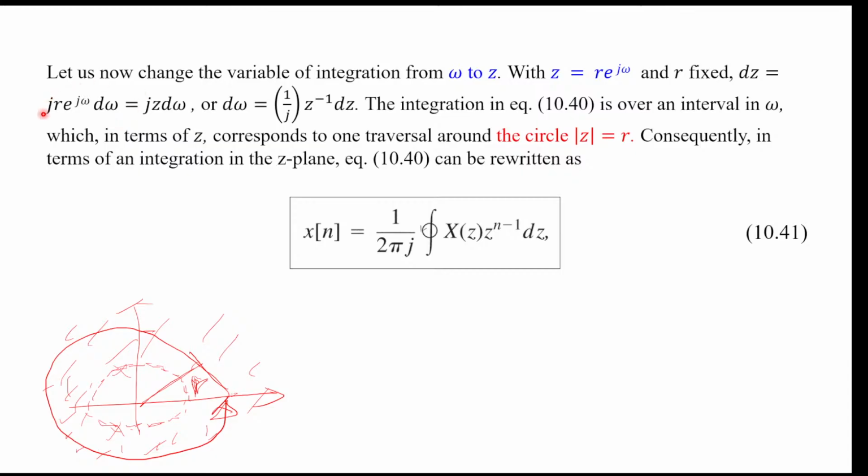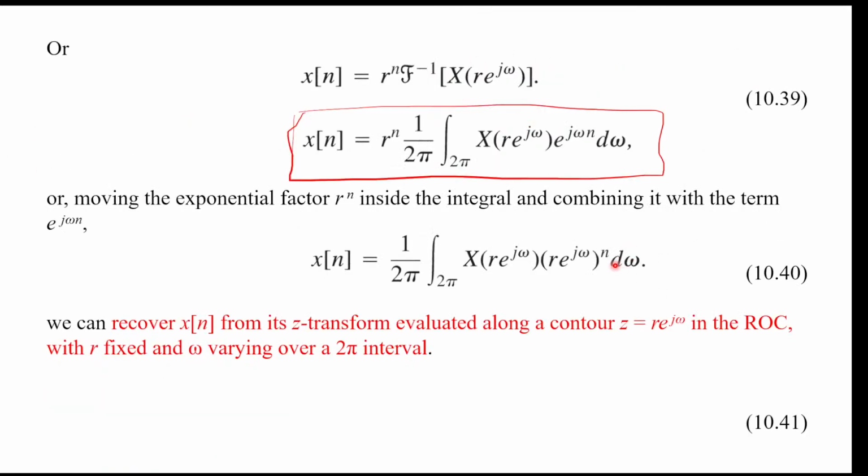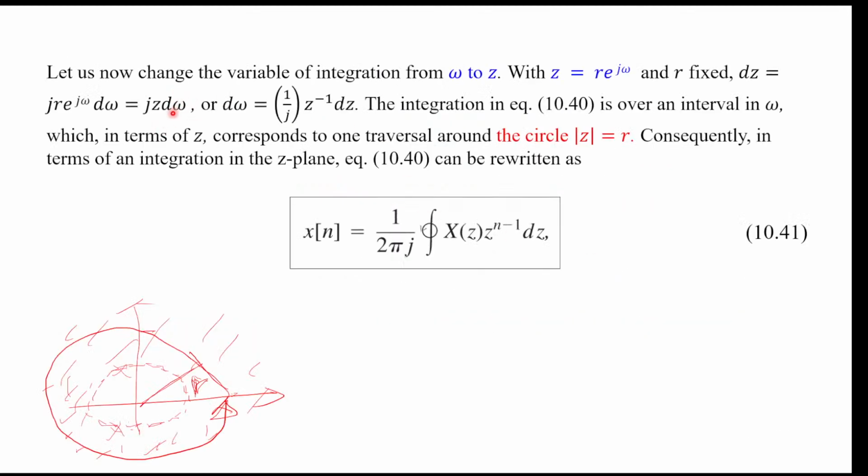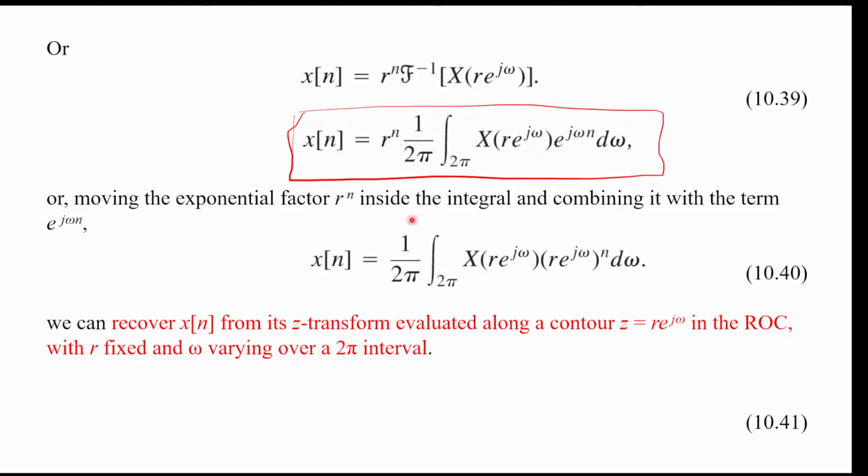Then we want to express everything in z, so this re^{jω} becomes z, so dz is just jz dω. Moving things around, because what we actually want is to express dω as dz, dω equals dz divided by jz, so 1 over jz dz. With all those things together, we substitute this dω back into the equation, with re^{jω} equal to z.